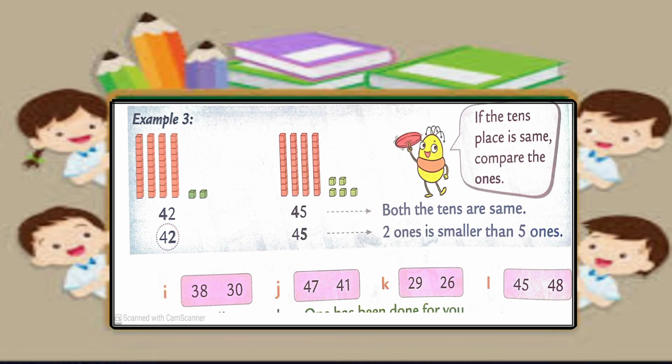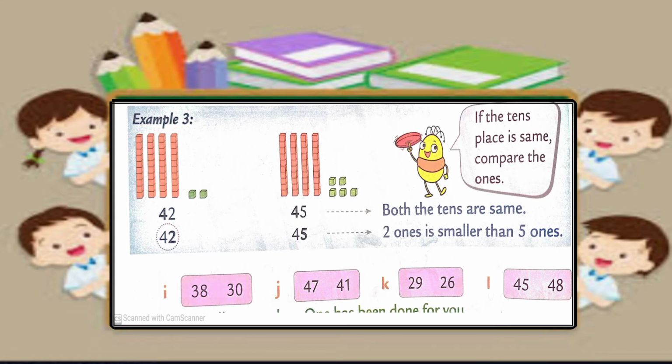So what should we do now? We should compare the ones. So at the ones place, one number has 2 and the other number has 5. So 2 is smaller than 5. So 42 is the smaller number.